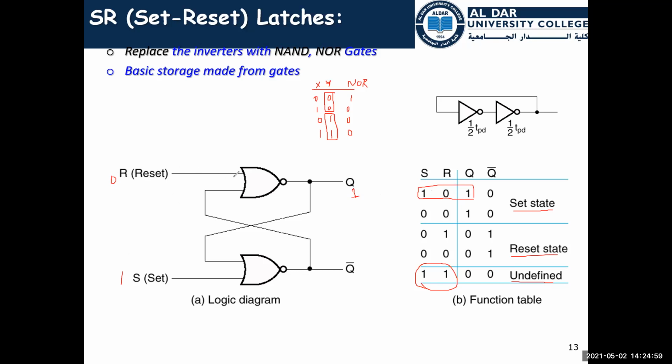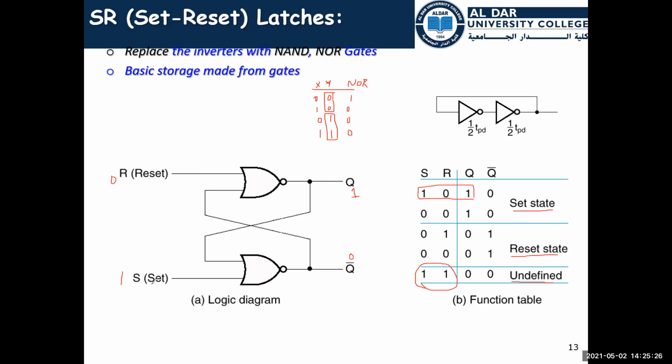Now we have 0 here, as we said the value here will be converted. If it is 0, it will be converted to 1. Because this is the inversion of that 1, it is 0, and we have 0 here. This means the other output will be converted to 1, because it is 0 already.